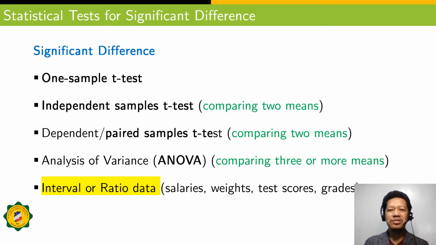Before we can use all these tests, we have to make sure that our data are in interval or ratio level of measurement, or simply they are numerical or quantitative, like salaries, weights, test scores, and grades.